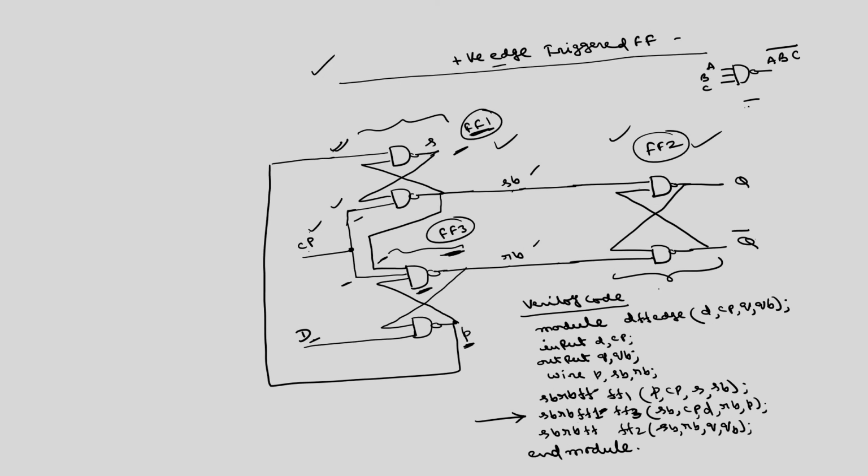Using 2 input NAND gate, how to derive? You take 2 input NAND gate, you will get AB bar, you pass through a NOT gate, you will get AB, then you use third input as C NAND gate. So, this output will be now AB is one input, C is the other input, ABC whole bar. So, using this logic you can write down the code corresponding to this, I am not writing this.